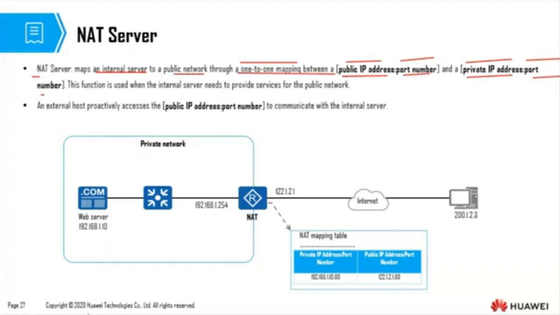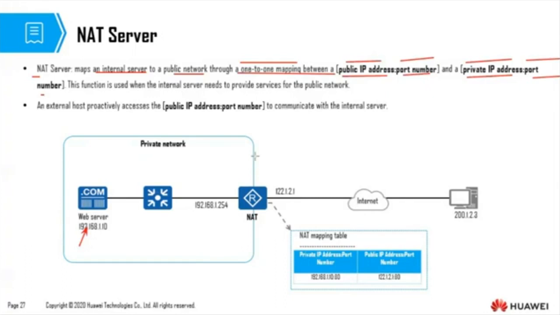So what do we mean? For web servers, we know that HTTP is used by web servers to transmit web pages over the internet. So HTTP uses the TCP well-known port 80. So when you want to access anything, you have to come in with port 80.